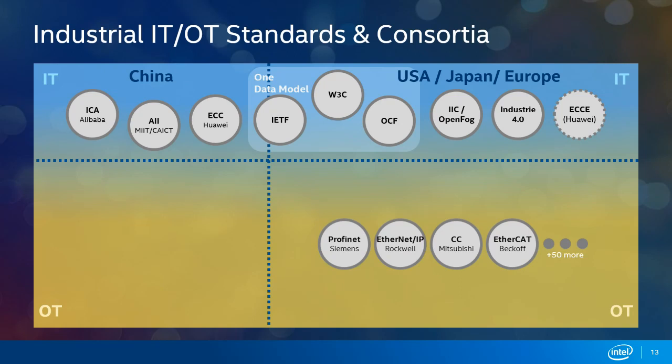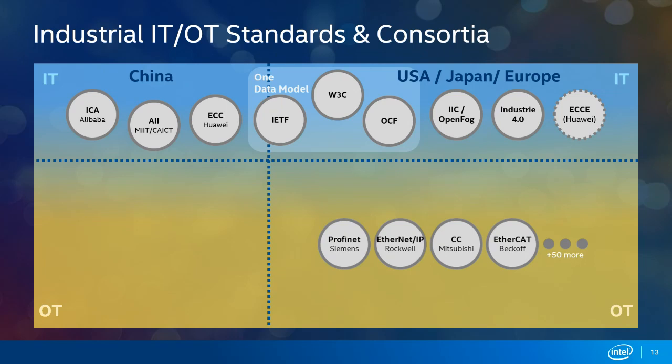When we look across the world, it's a very complex ecosystem, and we've attempted to simplify it here. We've split this into a 2x2 graphic, OT and IT on one side, and China versus the rest of the world on the other side.